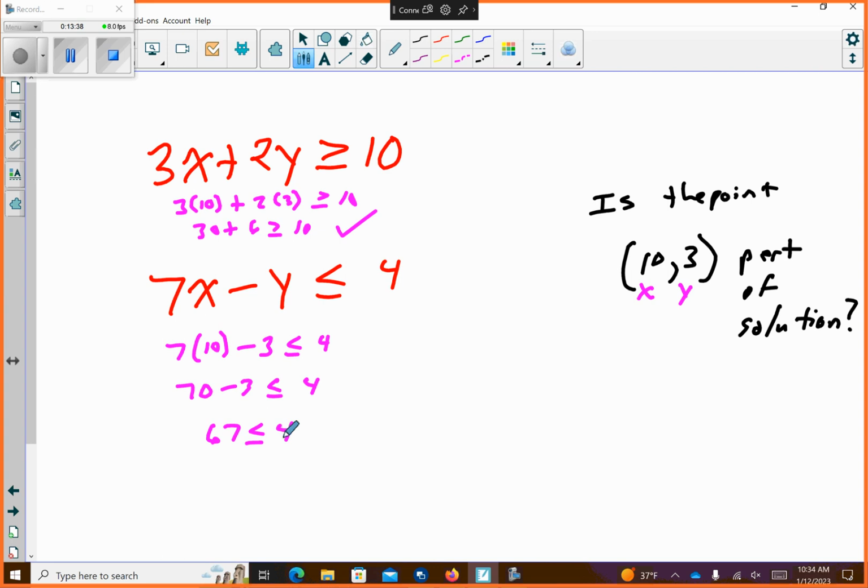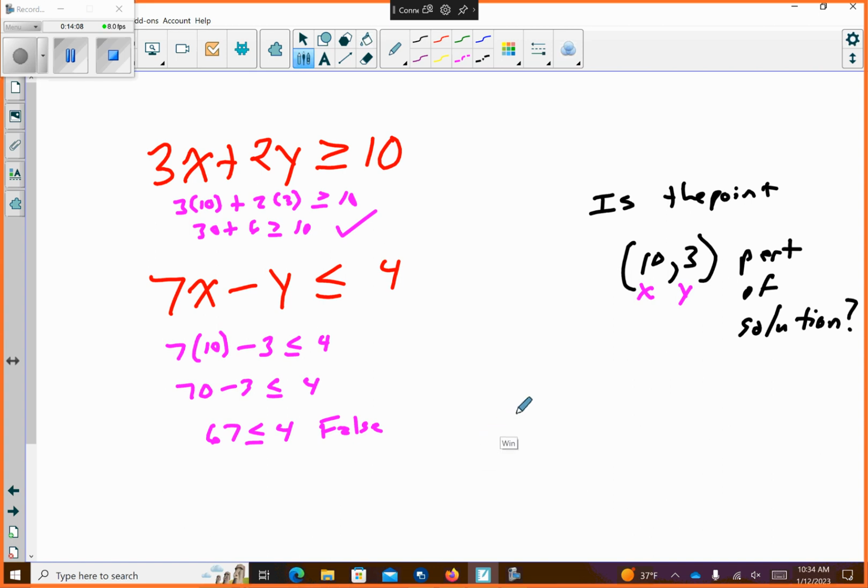No. So is the point 10, 3 part of the solution set for this system of equations? No. So this was false here. Okay? If they were both true, 10, 3 works. If they are both false, 10, 3 doesn't work. If one's true and one's false, 10, 3 does not work for the solution. Okay? Does that make sense?